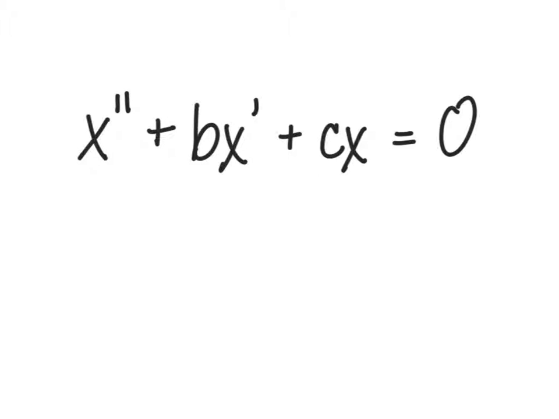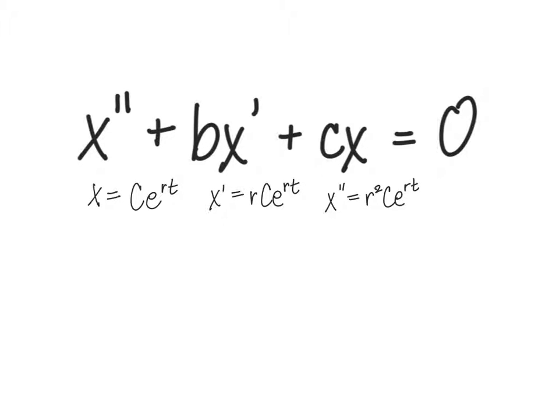Now, following up on that hunch, if we took some sort of general exponential function, c times e to the rt, then our first derivative becomes r times c times e to the rt. Note that c and r are just constants here. And then our second derivative becomes r squared times c times e to the rt.